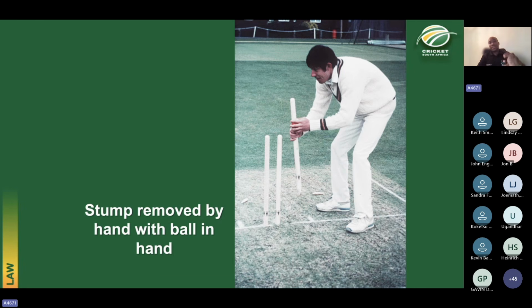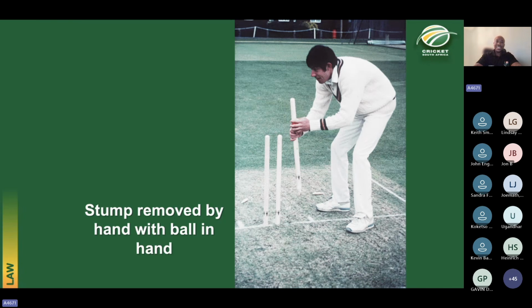Now another throw comes in. How will the bowler or the fielder at the stumps put the wicket down for a second time? It is depicted in the picture on the slide. You as a fielder need to put the ball and the stump together and then uproot that stump with the ball in contact with the stump.